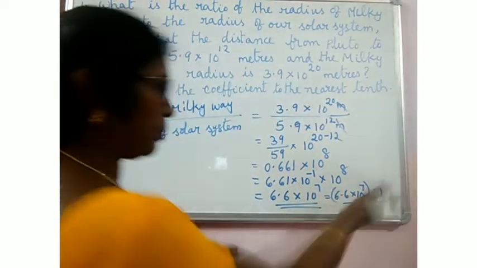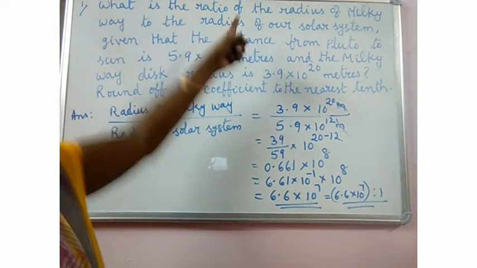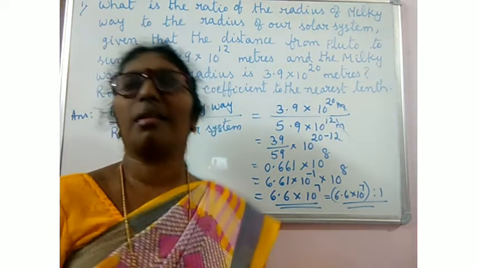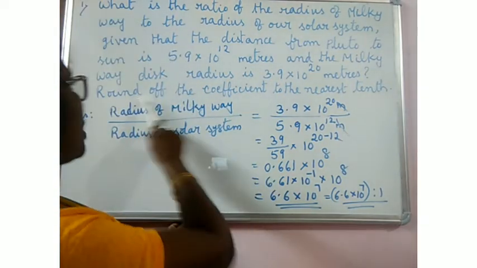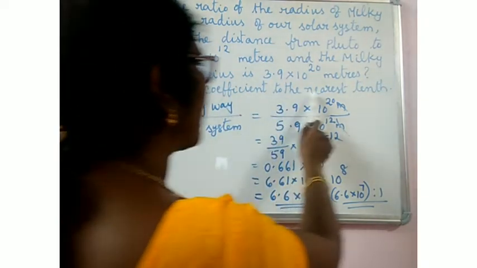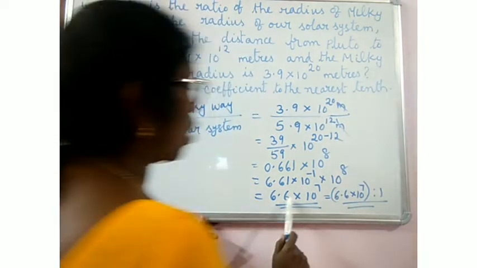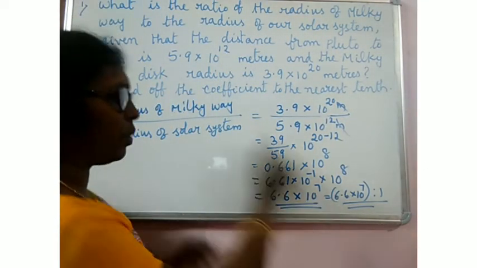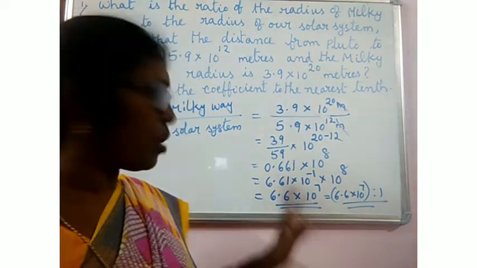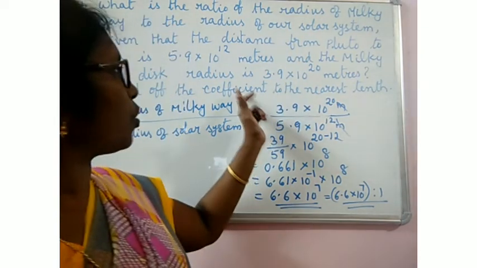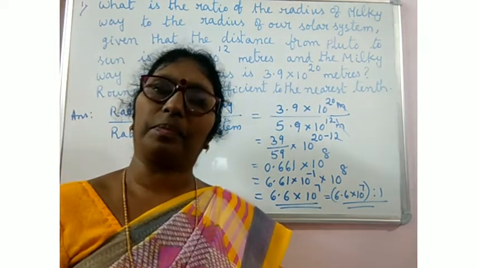By 1 means the same. Because the question asks for a ratio, I have shown the answer in ratio form. And the question says round off the coefficient to the nearest tenth, so I have rounded off to the nearest tenth. That one I have removed because the hundredth place we have to round off to the nearest tenth.